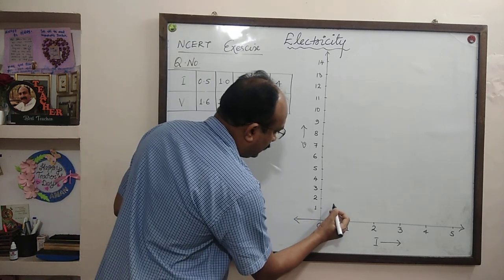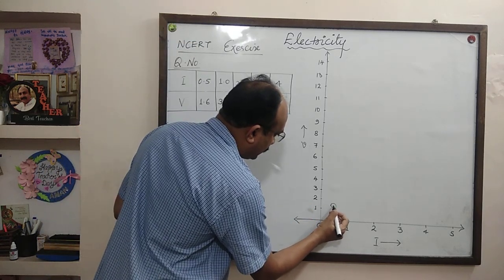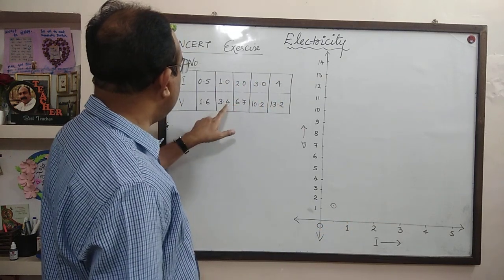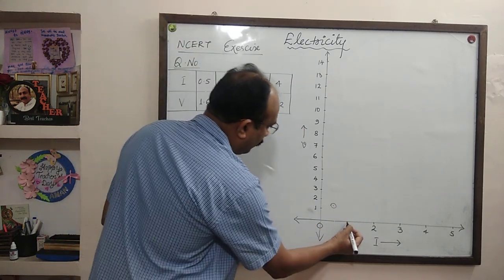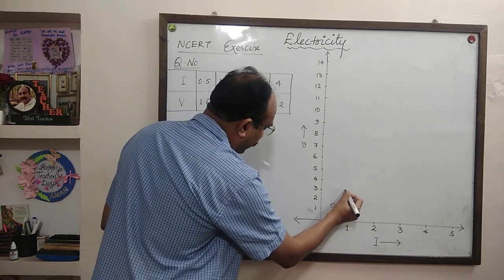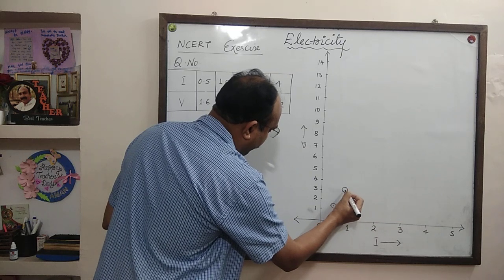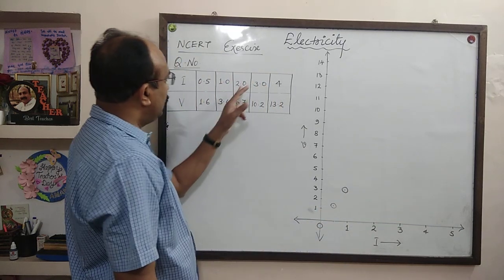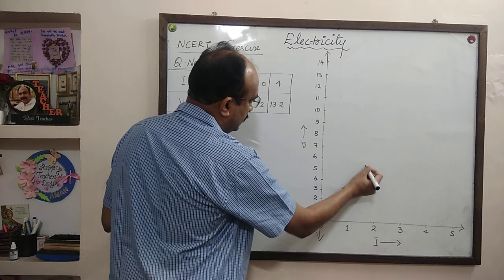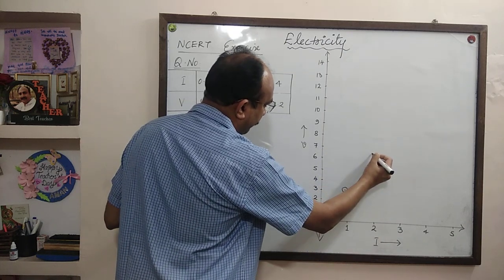For me, it is approximate. So this is the first point. Second point is 1, 3.4. 3.4 will be somewhere here. 2, 6.7.